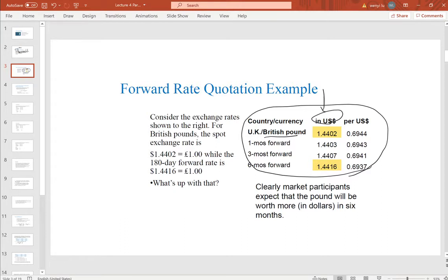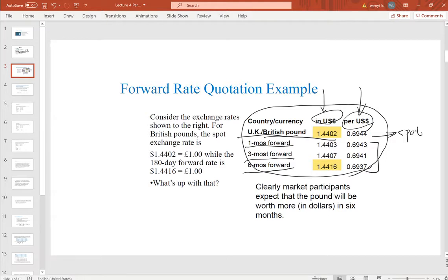The first one is a direct quote, and these ones are indirect quotes. And you can see here, this is the spot rate, and these three are forward rates, meaning the maturity of the contract if you sign will be a month later, 3 months later, or 6 months later.